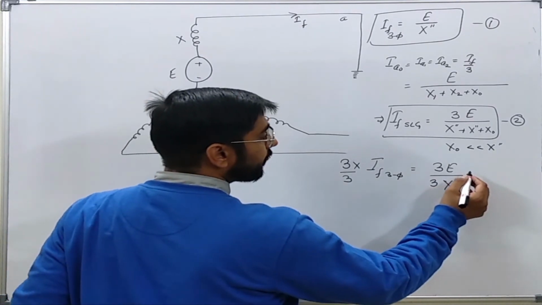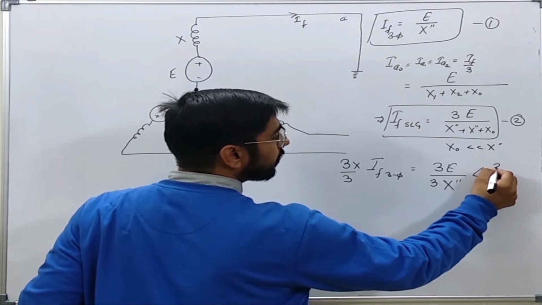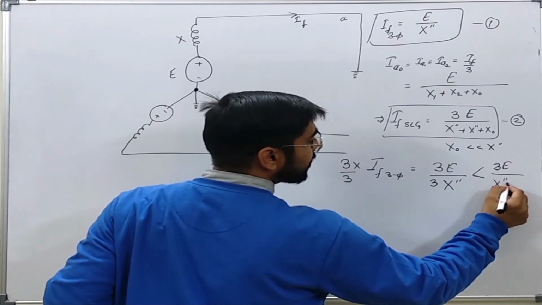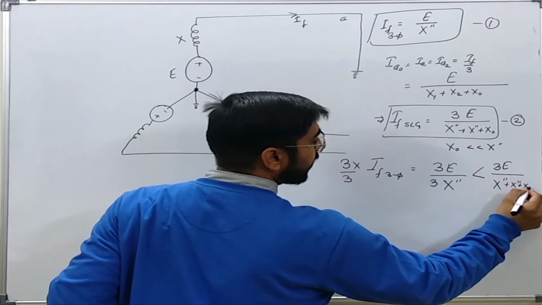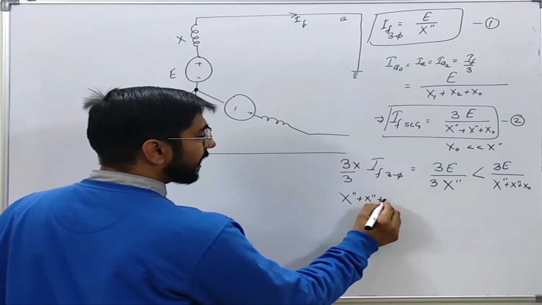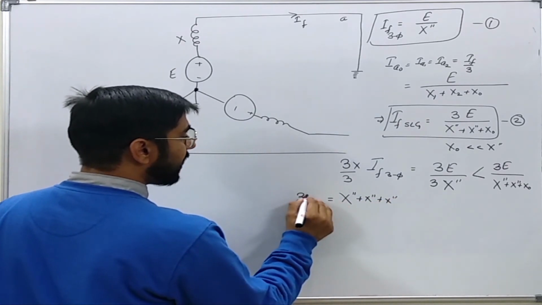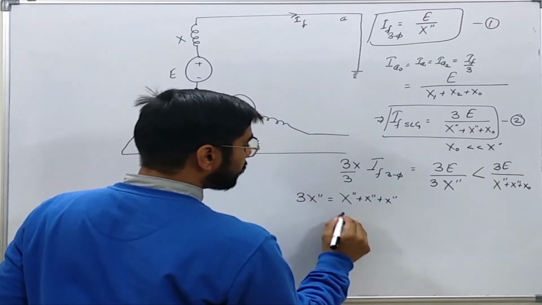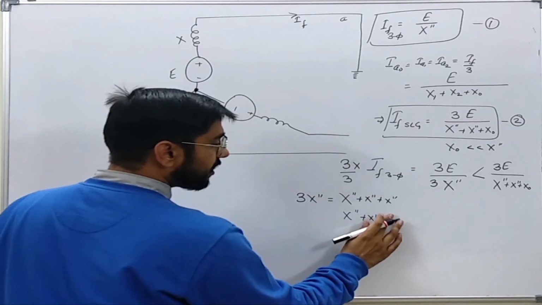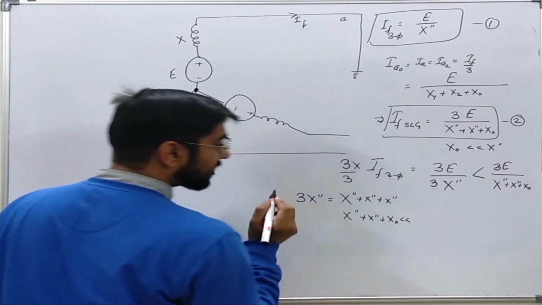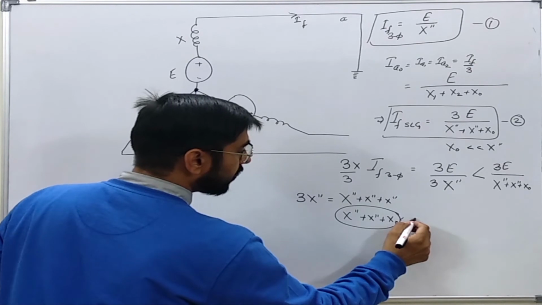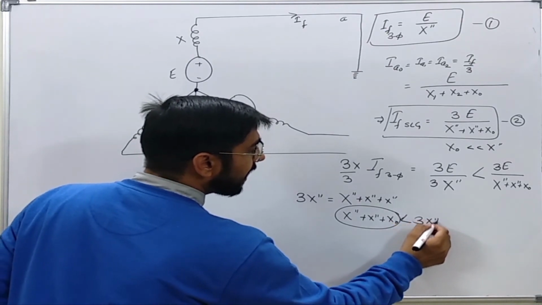Now this thing is smaller than 3E divided by X double dash plus X double dash plus X naught, because X double dash plus X double dash plus X double dash is equal to 3X double dash, but this thing is X double dash plus X double dash plus X naught, which is actually smaller than 3X double dash.